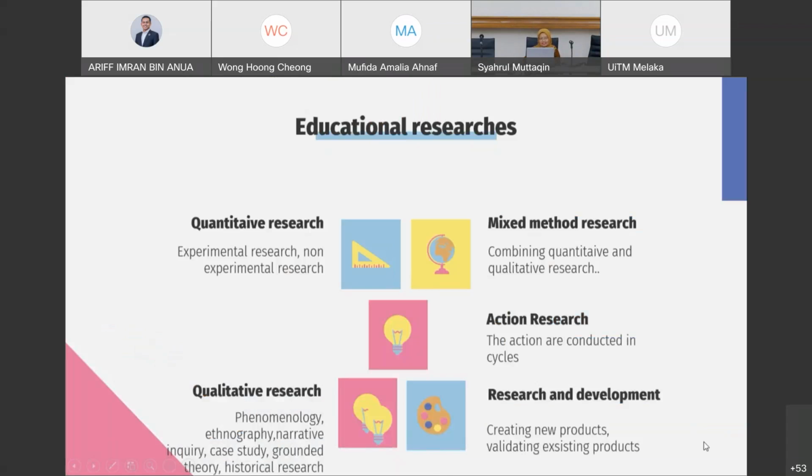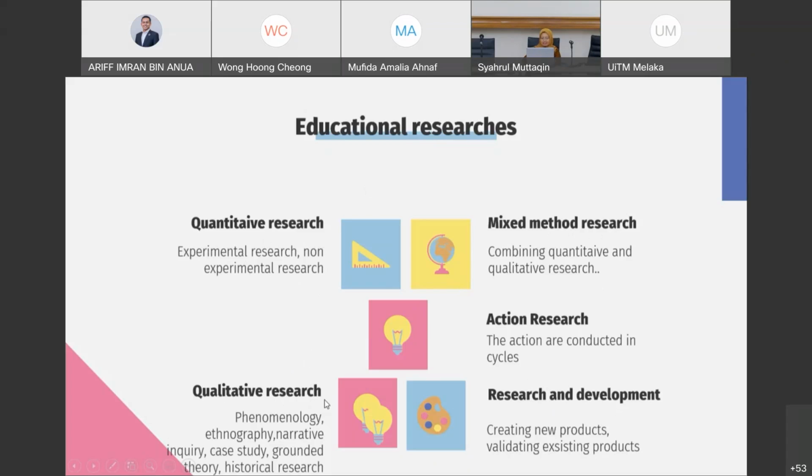And then the educational researches could be divided into 5 sections. The first is quantitative research, and then qualitative research, and then mixed method research, and then action research, and then also R&D, research and development. Yeah, quantitative research itself comprises experimental research and also non-experimental research.